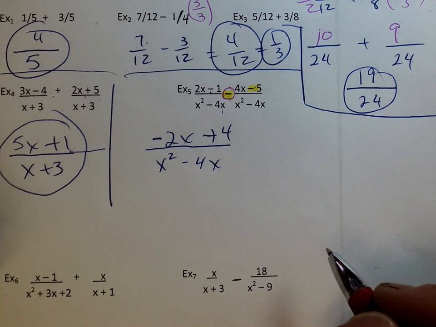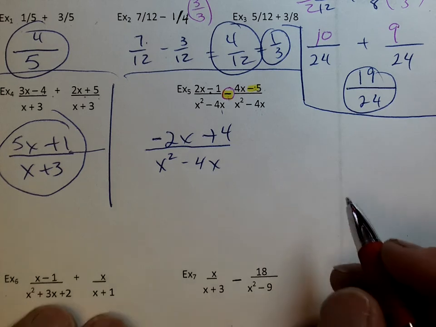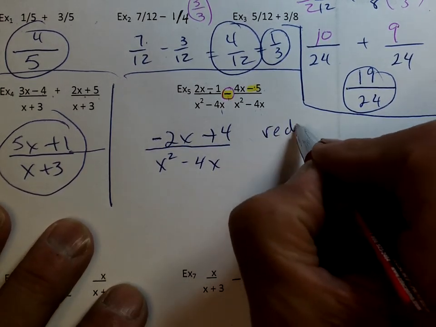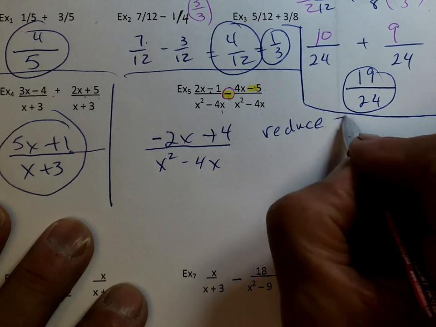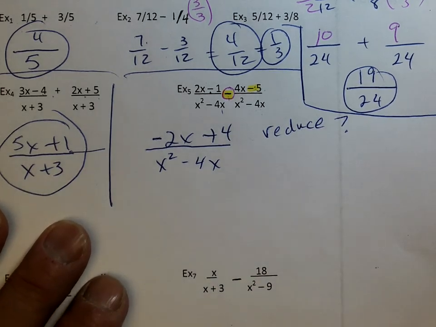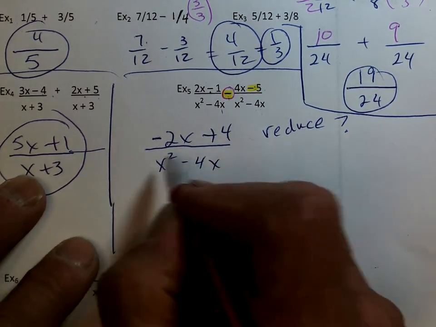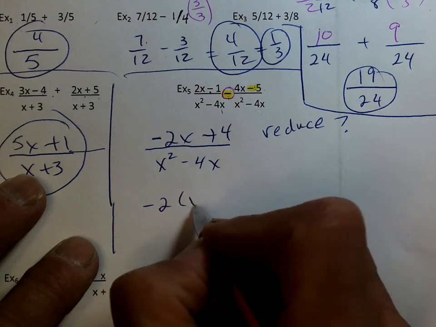Now, can we do anything more with this? Well, it might reduce. The only way I can know if it reduces is to try, so I'm going to put reduce question mark. I don't know. Let's try factoring. If I factor out a negative 2 out of the numerator, I'd have an x minus 2, right?